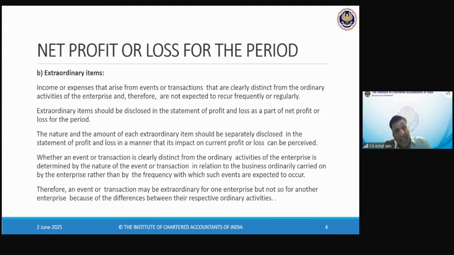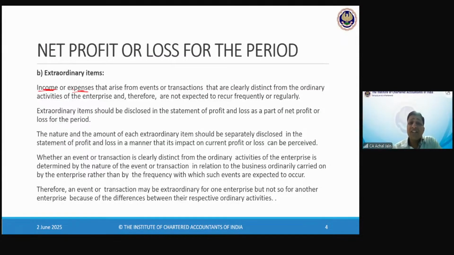Next term, extraordinary item. Now this is an important term. Now what is an extraordinary item? Here again, we are talking about income or expense. Means, once again, we are talking about P&L items. Now, during the year, what may happen is there is an income or an expense, or a transaction resulting into income or expense.